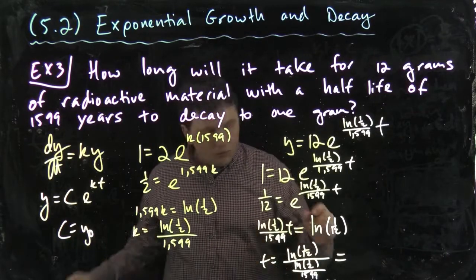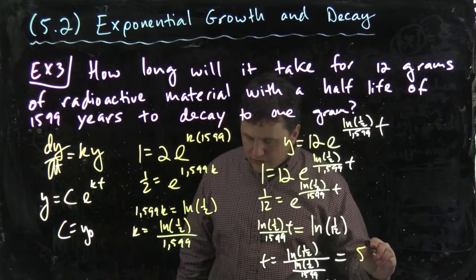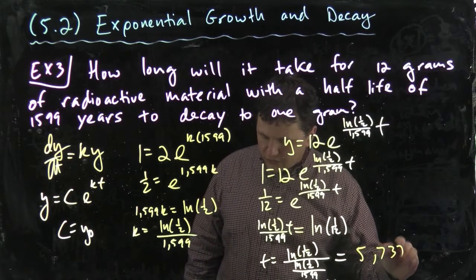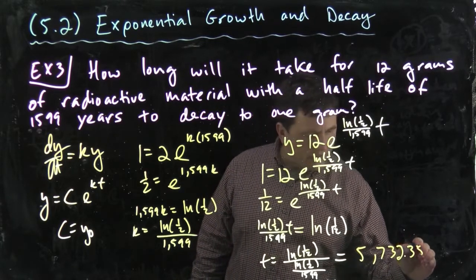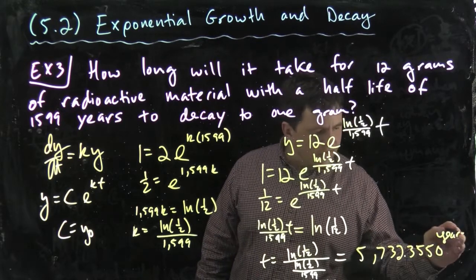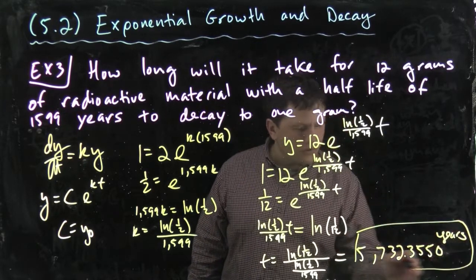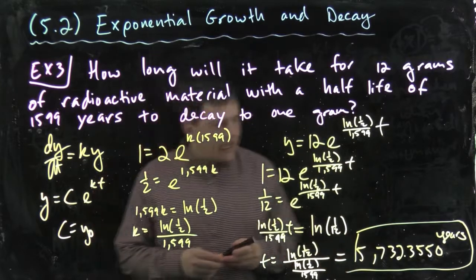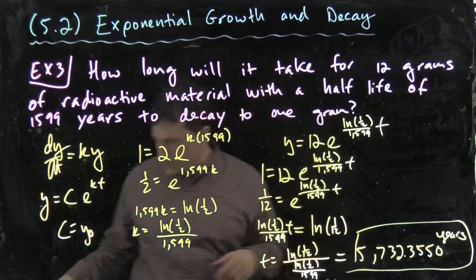And what we get is 5,732.355 years. Once again, go ahead and just leave that as a decimal, accurate to 3 decimal places, unless they say something like round to the nearest year.